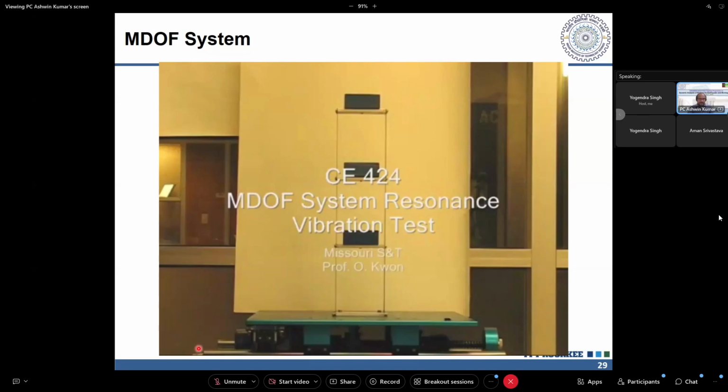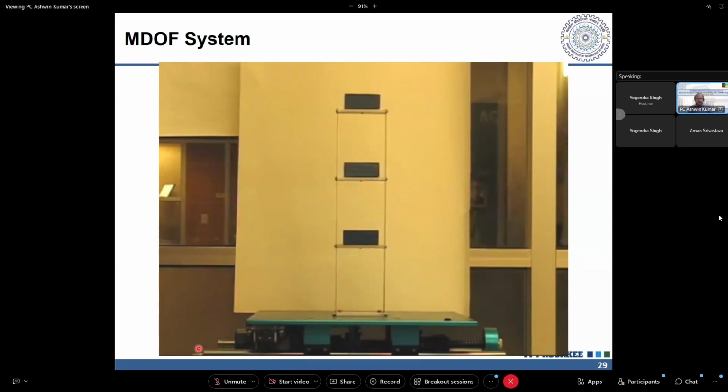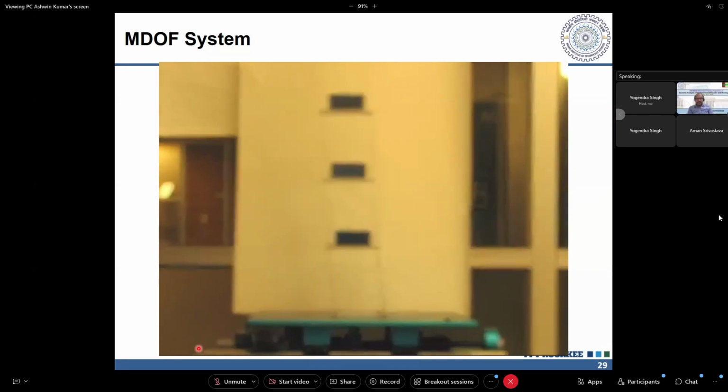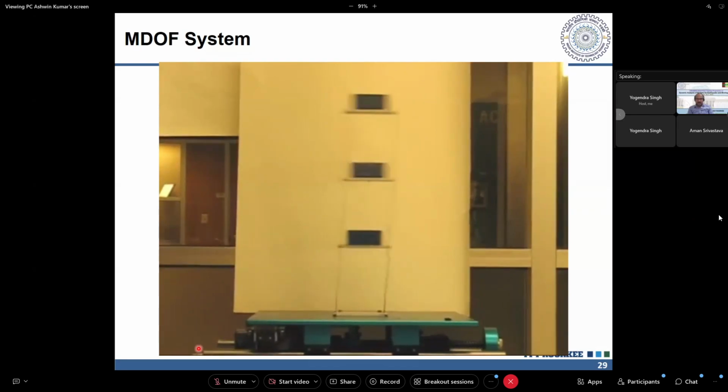Look carefully and try to understand what is happening. I'll summarize at the end of the video. Initially the shake table, this is again a uniaxial shake table. You can understand the natural frequency of the system is 4.35. But think, will it have only a single natural frequency or multiple?